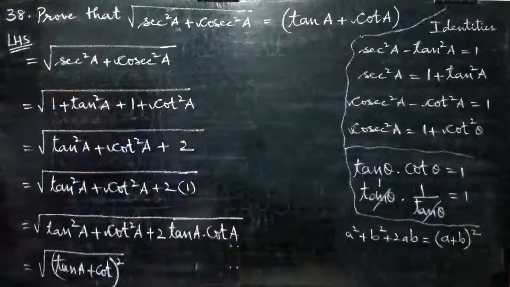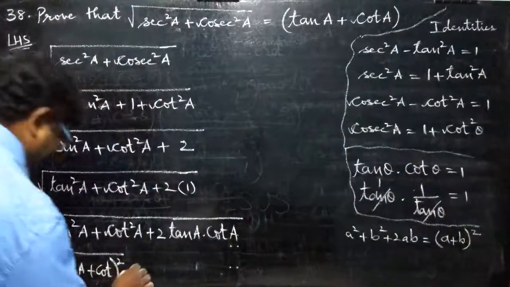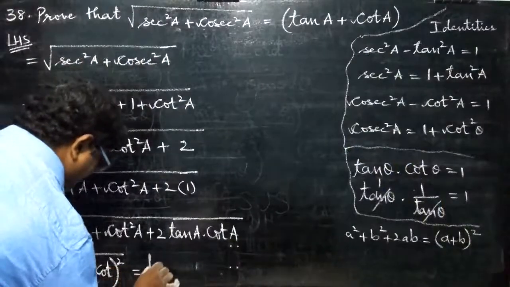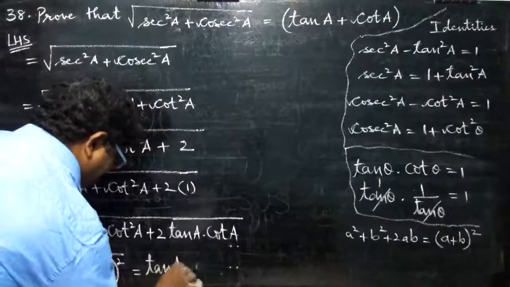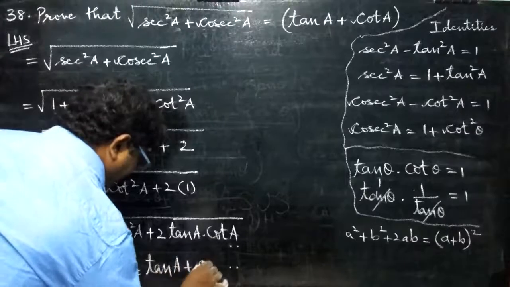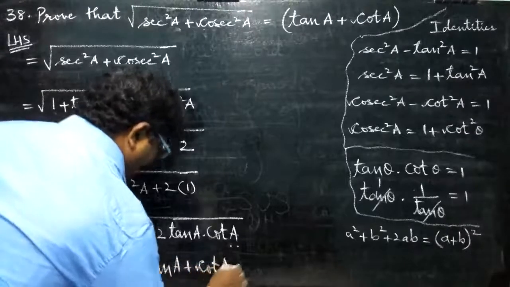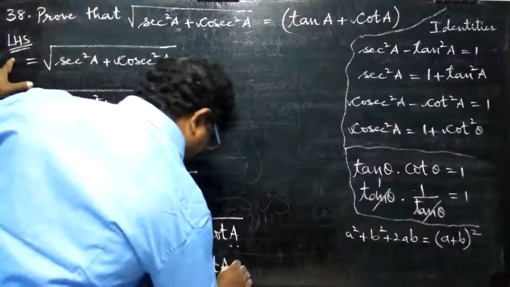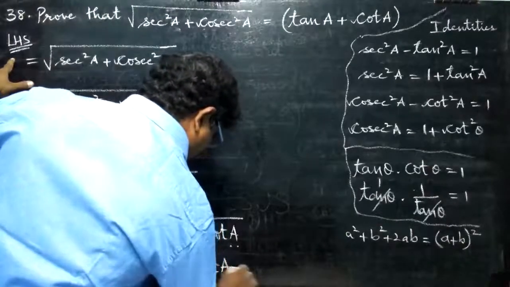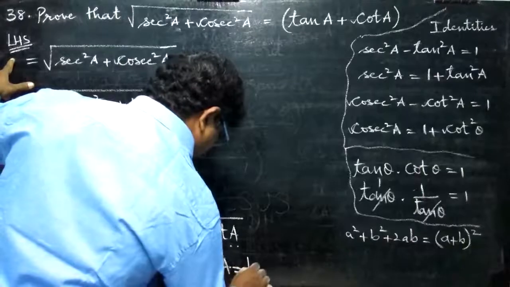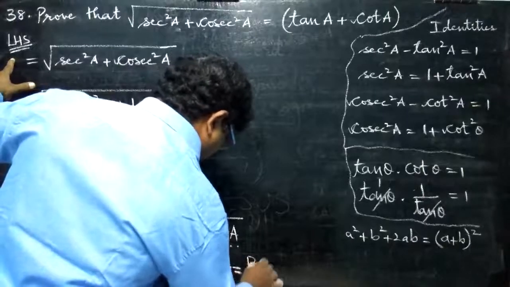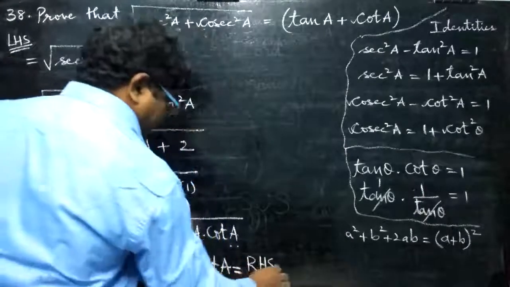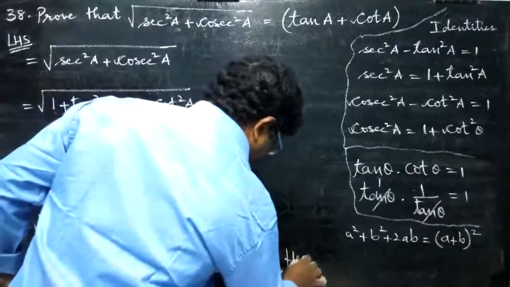Now square and square root get cancelled. What will come outside? Tan A plus cot A. Where we have started? Near LHS. Now where we have reached is RHS. So hence proved.